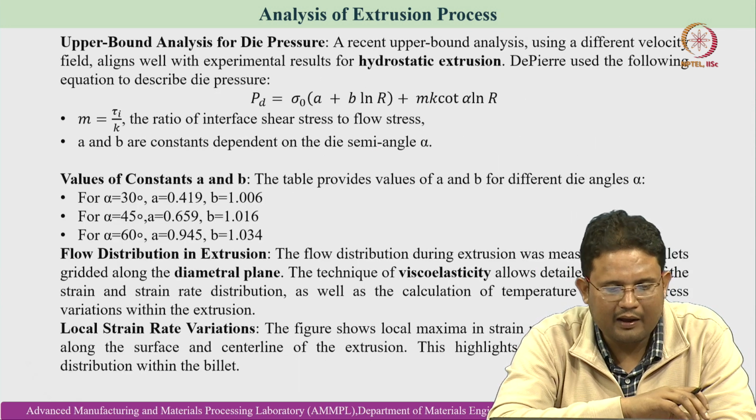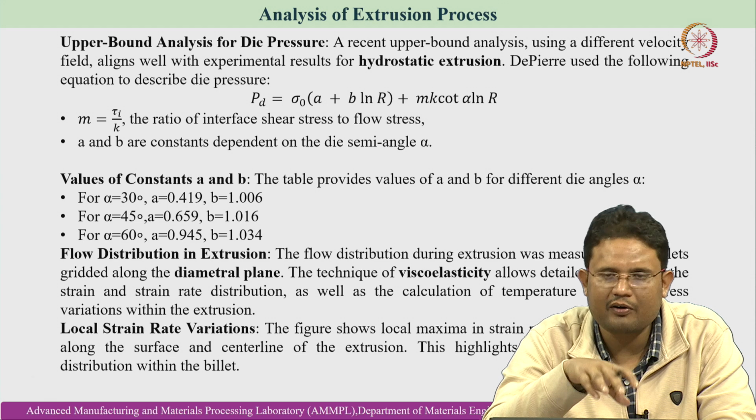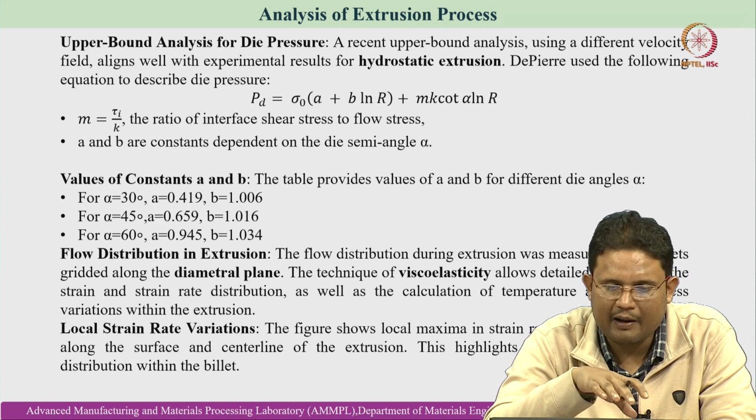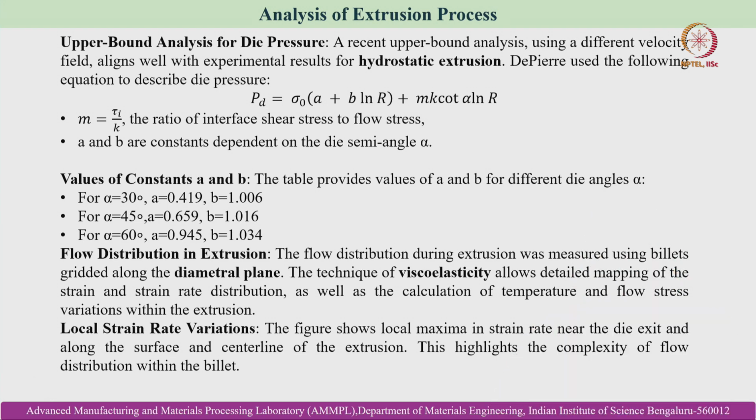Okay. So, upper bound analysis for die pressure. A recent upper bound analysis using a different velocity field aligns well with experimental results for hydrostatic extrusion. So, they use the following equation to describe die pressure as PD is equal to sigma 0 into A plus B ln r plus mk cot alpha ln r. So, you just try to see this.